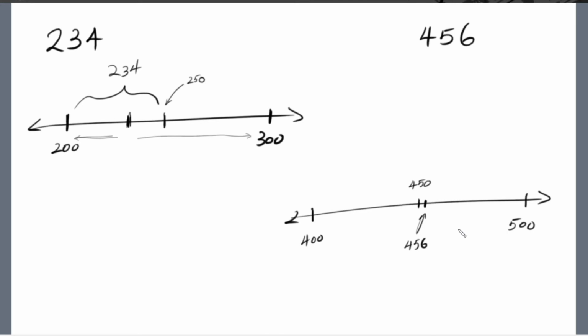So we can safely say that it's a shorter walk to 500 than it is the walk back to 400. Because we know also that it'll take us 44 steps to get to the 500 and it'll take us 56 to get back down to 400. So the closest hundreds for 456 is 500. That's why we round 456 to 500. And that's why for 234 we round it to 200.